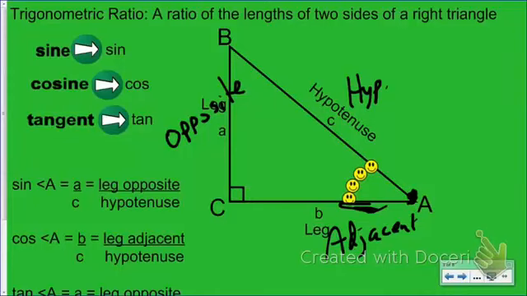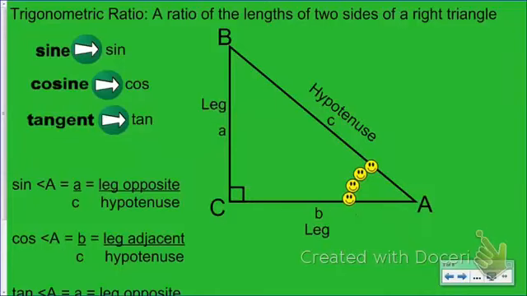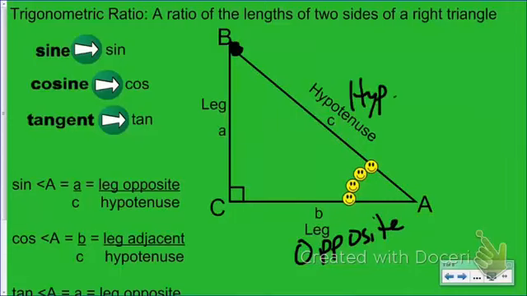Okay, now let's look at if you would have gone from corner B. If we would have gone from corner B, then the opposite side would have been between C and A. The hypotenuse would still be the hypotenuse. It doesn't matter which corner you go from.